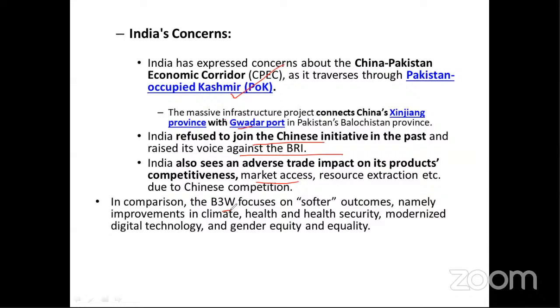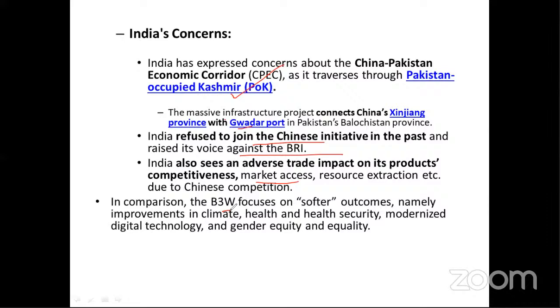But when you compare B3W and China's Belt and Road Initiative, both have the main objective of infrastructure investment and development, but there is a difference in their intention. The G7 initiative is actually focused on softer outcomes, namely improvement in climate. China is not focusing on climate and health.